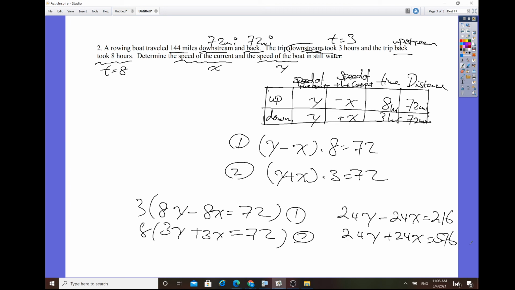And then what we can do here is combine the equations together. So 48y, the x terms got canceled. 216 plus 576 is 792. Okay, so 792 divided by 48.